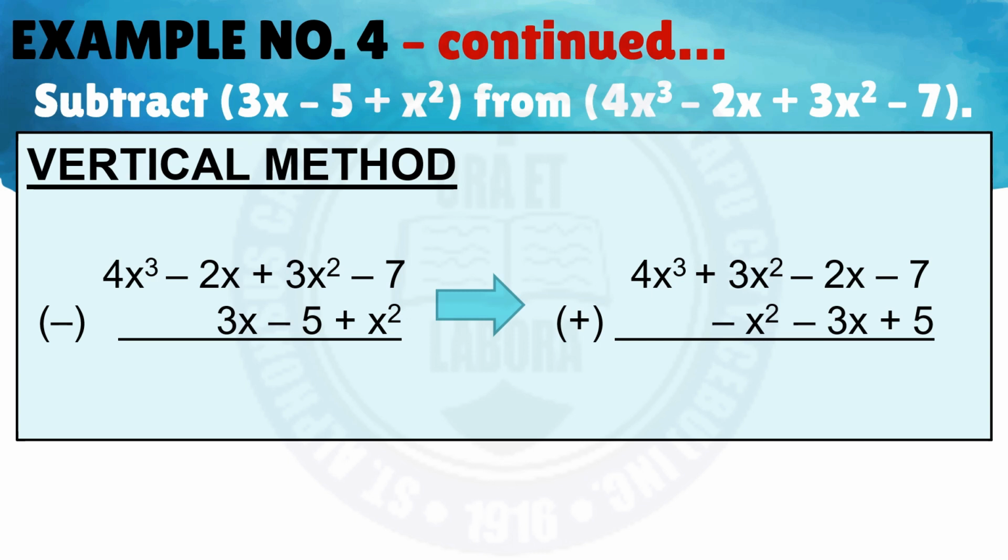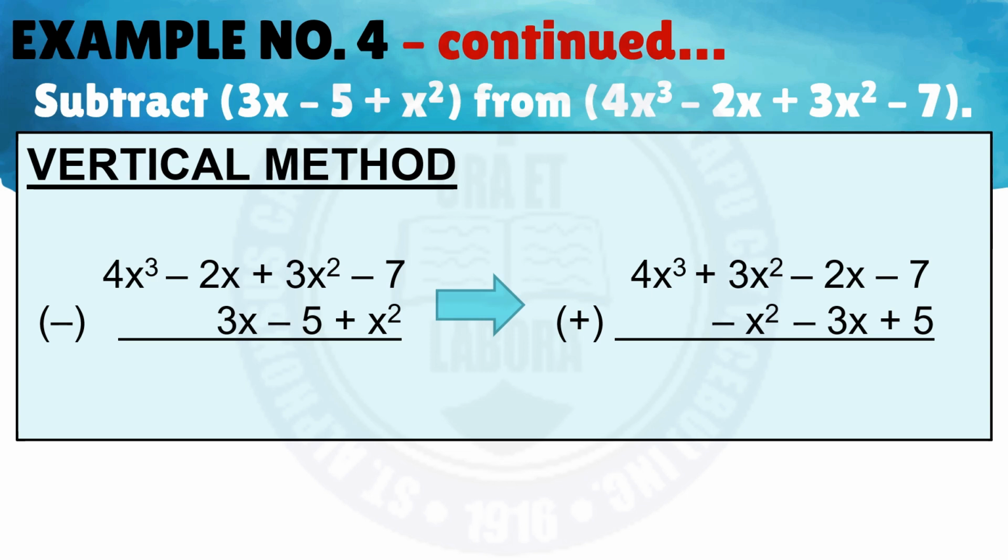Make sure that our polynomials are in standard form, in which the term that has the highest number of exponents should be written as the first term of the polynomial. So in our first polynomial, 4x cubed is written as the first term, and negative x squared in the second polynomial should also be written first, followed by the second highest exponent as the second term.